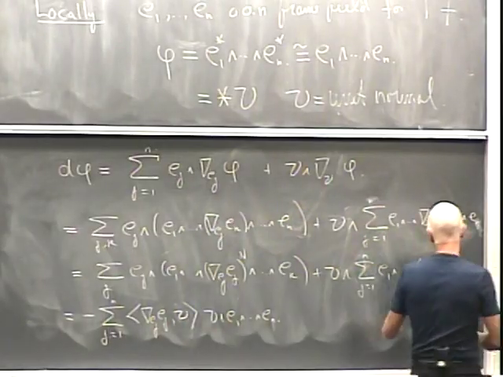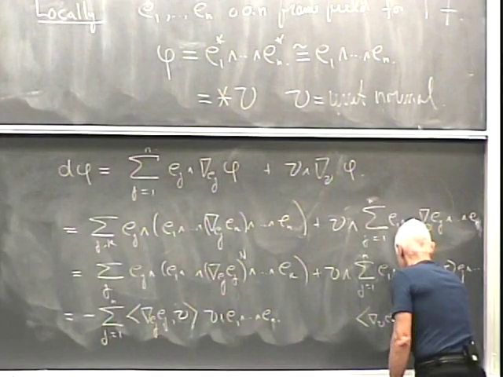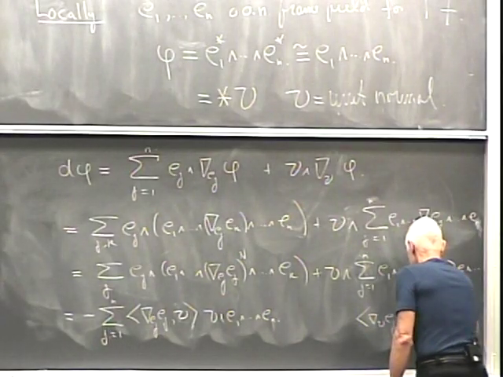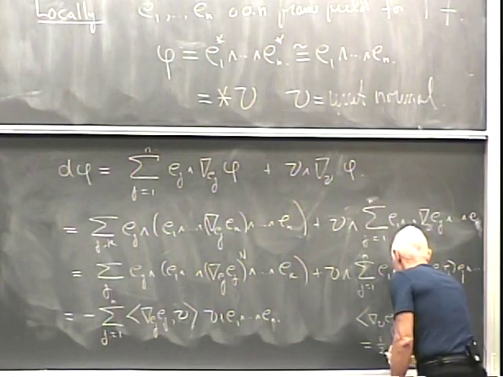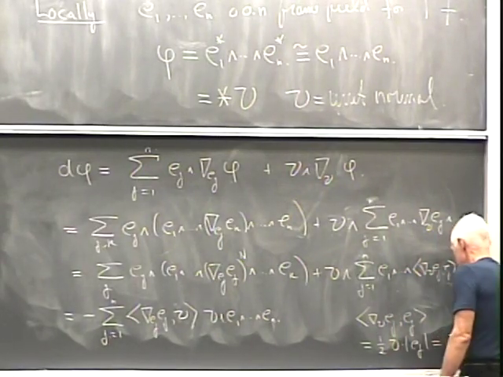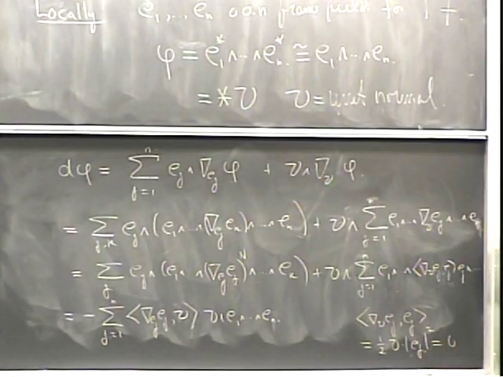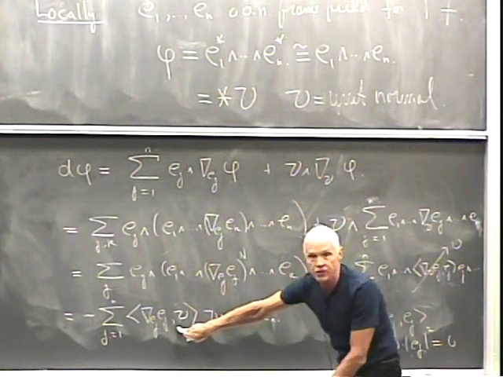And here, well, this is 0. I mean, del nu of Ej is simply 1/2 the derivative of the length of Ej, and that's 0 because this has constant length. Okay? So this is 0. And this is exactly the trace of the second fundamental form.